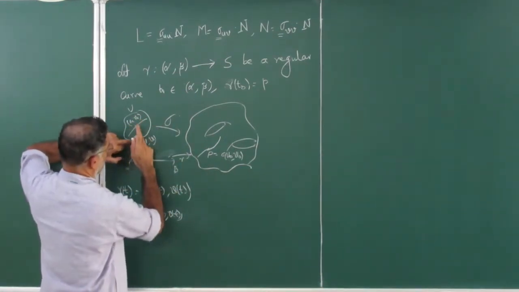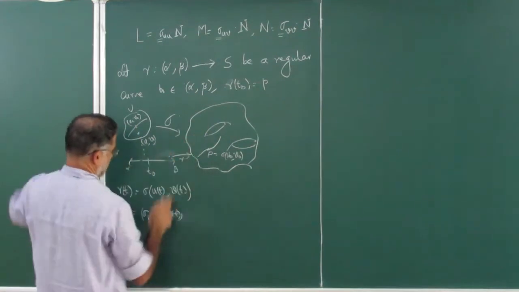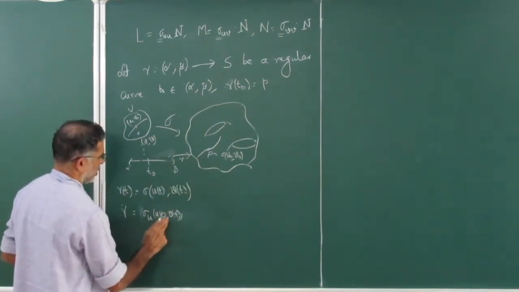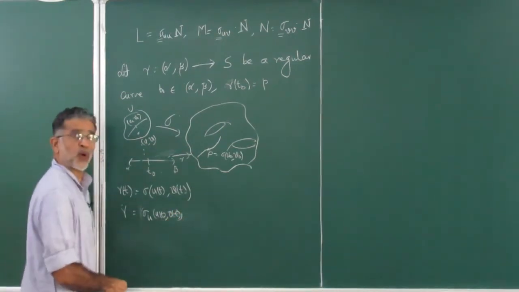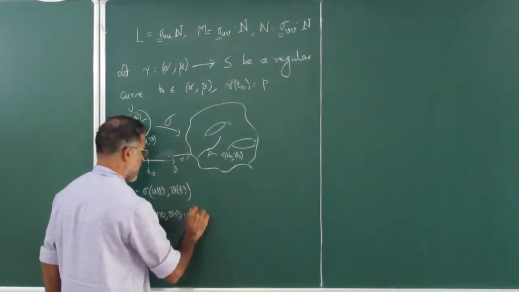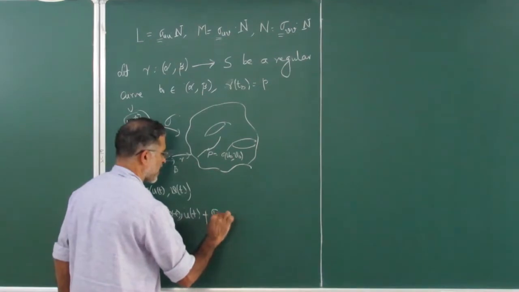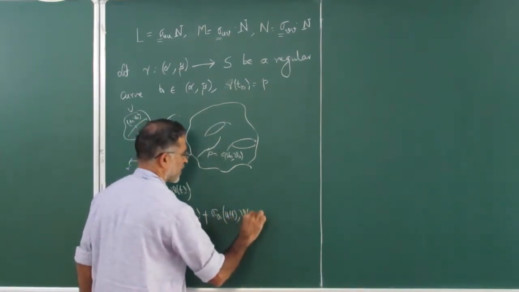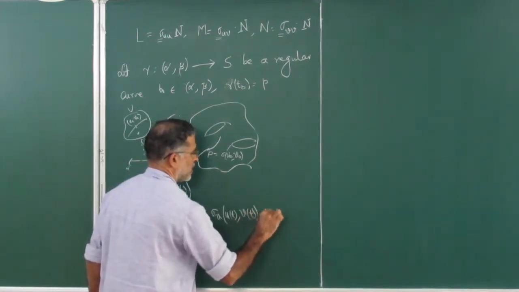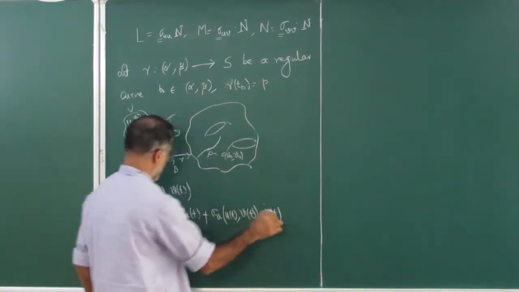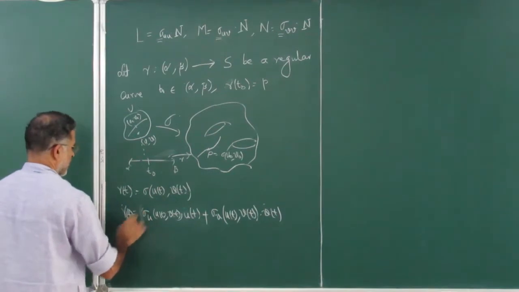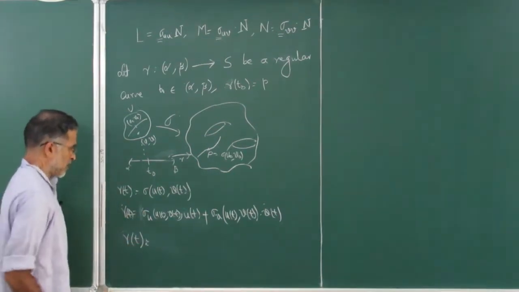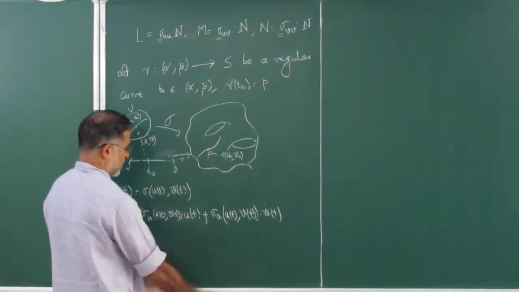So this is the u comma v function, composite sigma, that is what it is. So you can write sigma u comma v at t, that's what it is, u dot t plus sigma v at composite u comma v at t into v dot t. So that's gamma dot t.